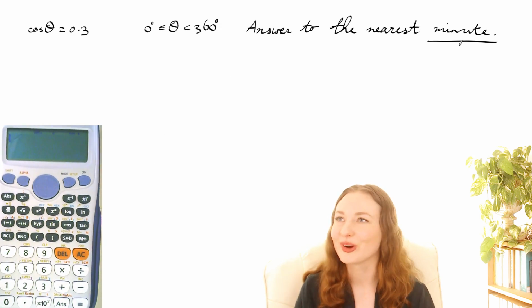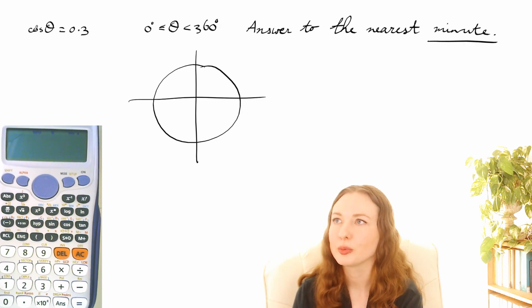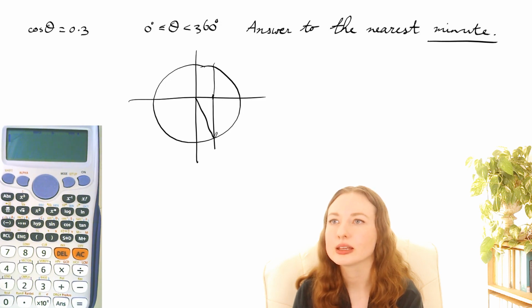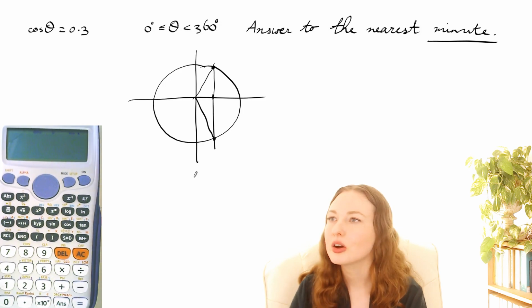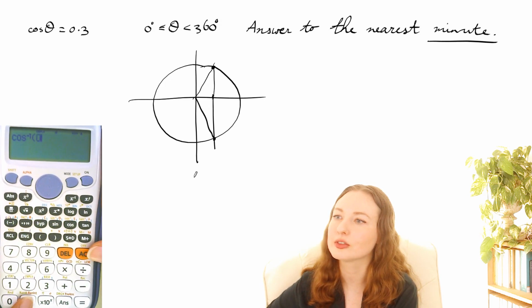Now to solve the equation, let's draw the unit circle. We're talking about cos, so that's the x coordinates. So we go to x equals 0.3, draw that in, and these are the two solutions that we're looking for. Okay, now let's go inverse cos of 0.3.